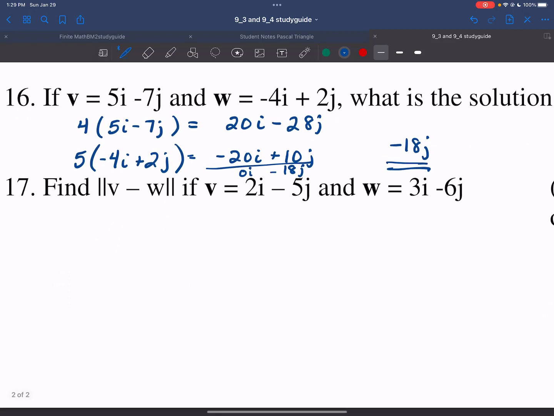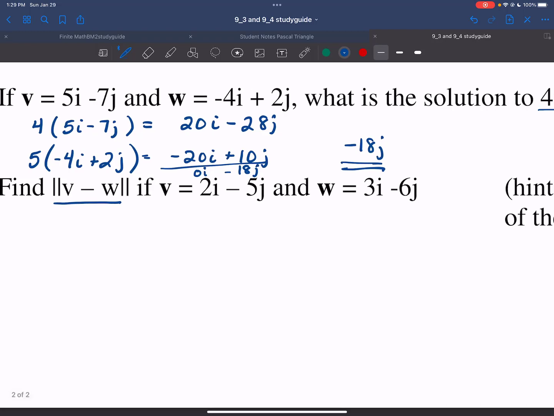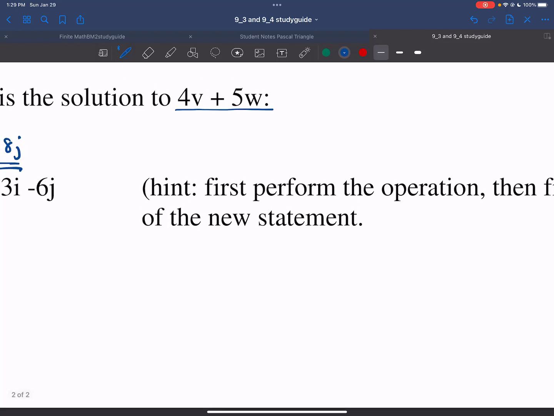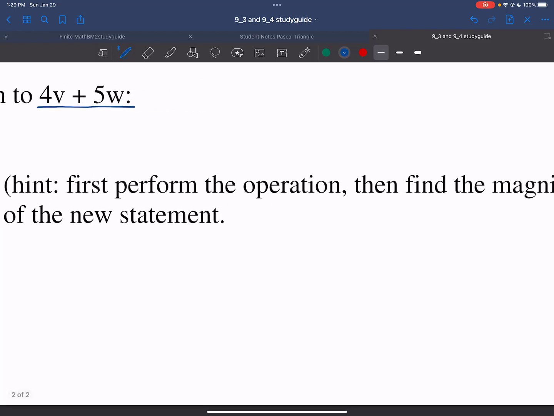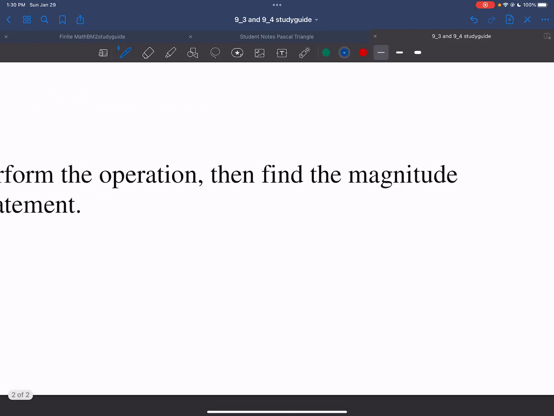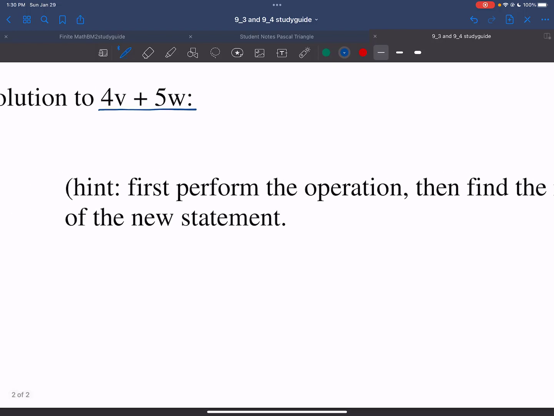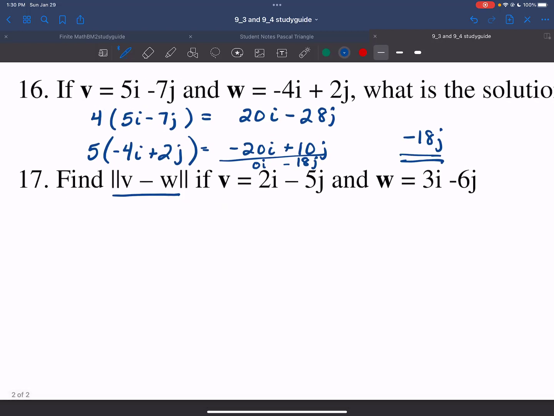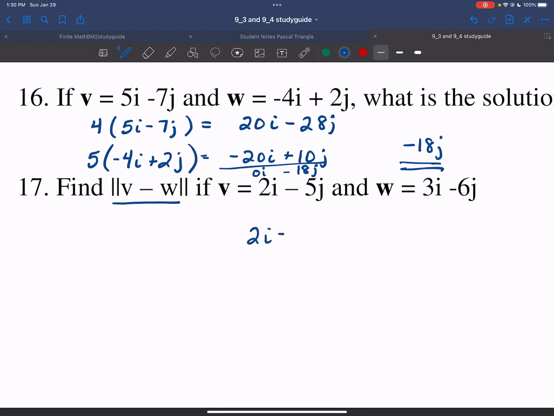And then find the magnitude of v minus w if v is equal to 2i minus 5j and w is equal to 3i minus 6j. So the first thing, I put a little hint here. First, what we're going to do is perform the operation, and then we're going to find the magnitude of the new statement. Okay, so let's go ahead and find v minus w. So 2i minus 5j and 3i minus 6j.